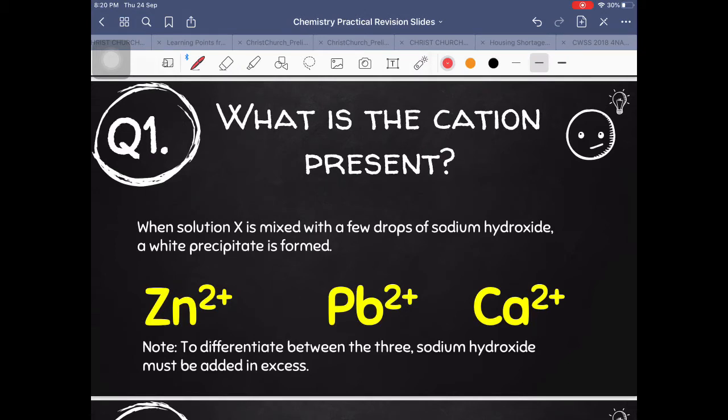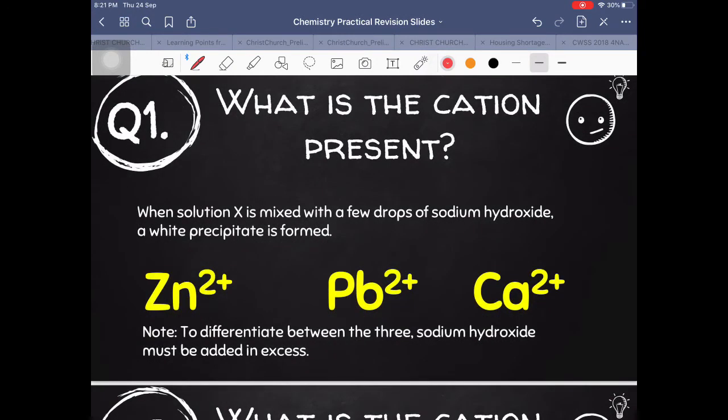However, to differentiate between the three, you must add in excess sodium hydroxide. Because in excess sodium hydroxide, if the solution contains calcium 2+, the PPT will be insoluble in excess.